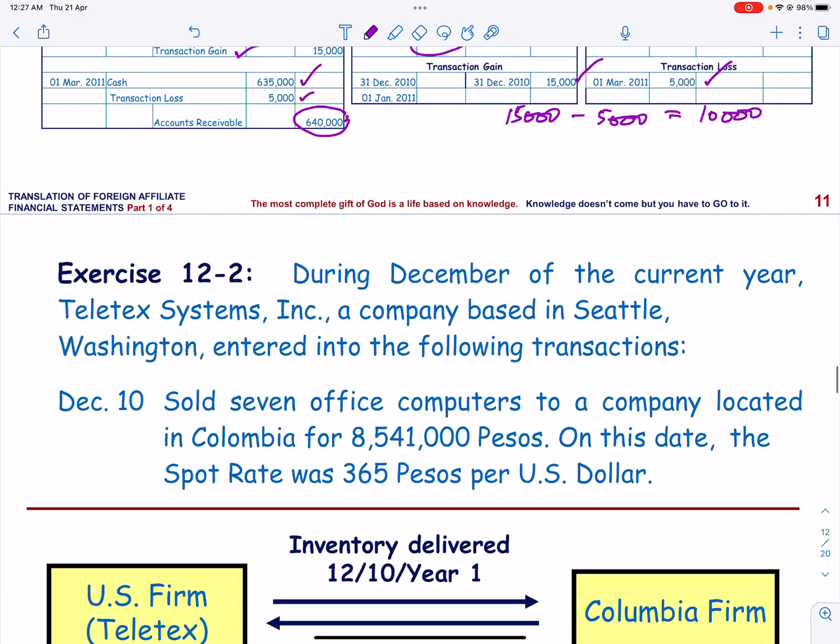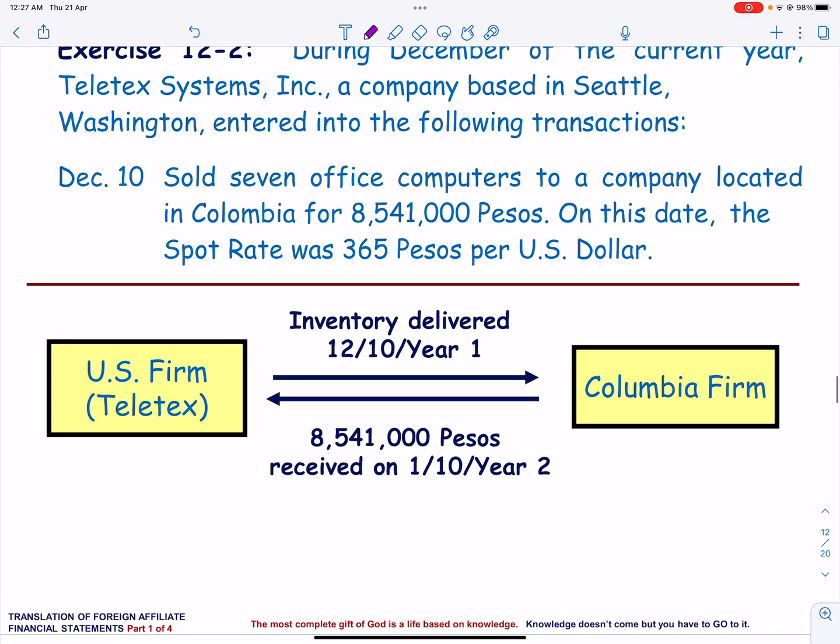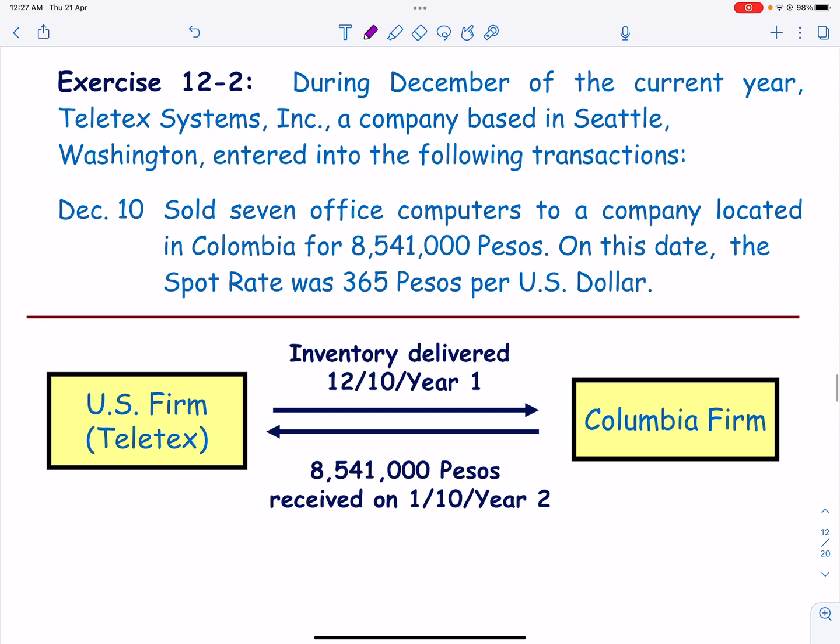Let us now do an exercise. During December of the current year, Teletext System Incorporation, a company based in Seattle, Washington, entered into the following transactions. December 10, sold 7 office computers to a company located in Colombia for 8,541 pesos.